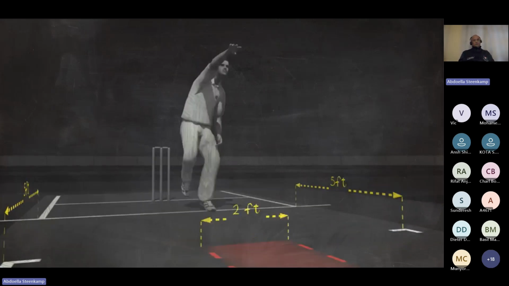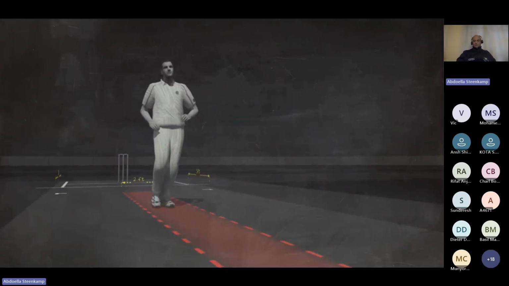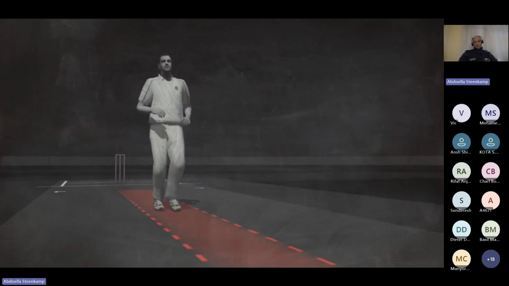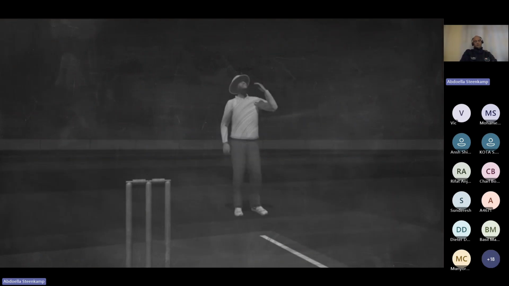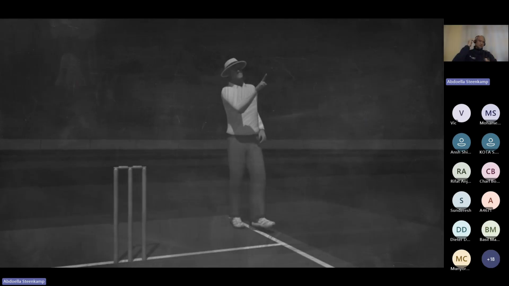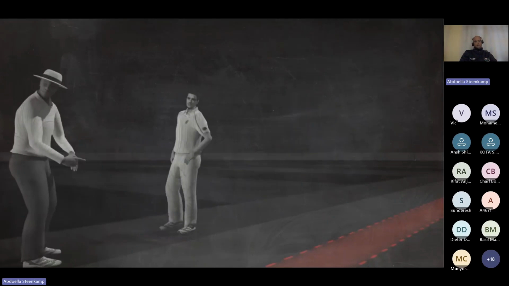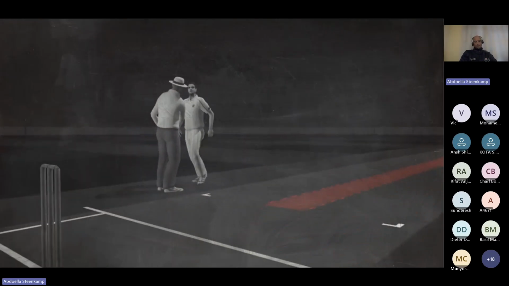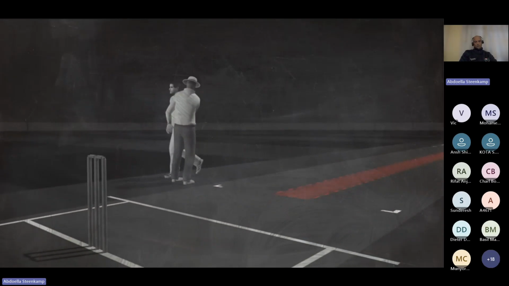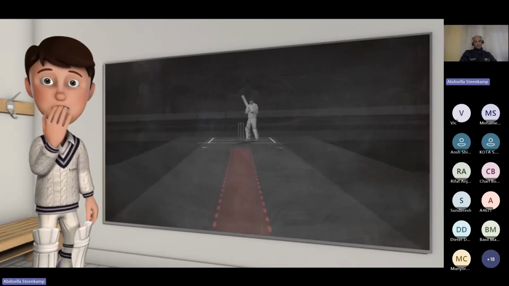This can be after delivering the ball, or, if the bowler fails to release the ball, after the completion of the delivery swing and delivery stride. The first offence will receive a caution. The second, a final warning. And if the bowler does it again, he or she will be suspended from bowling for the rest of the innings and may well face disciplinary action after the match.